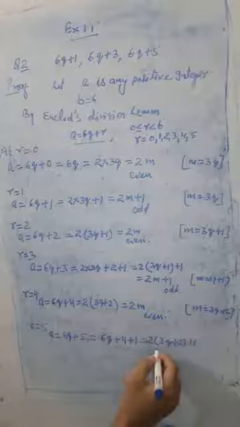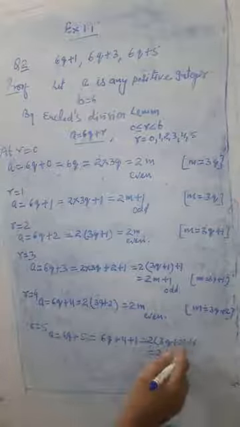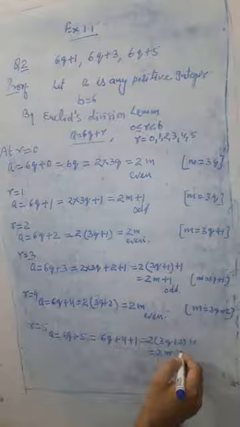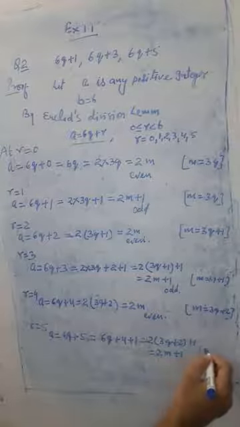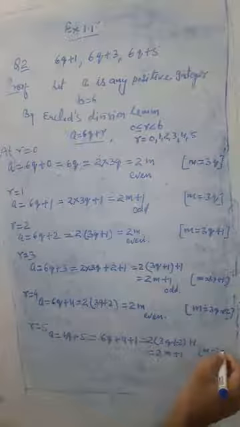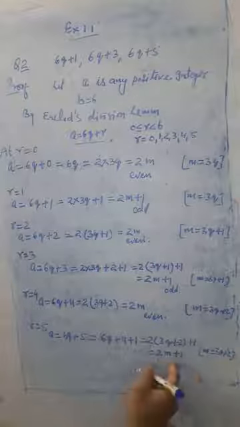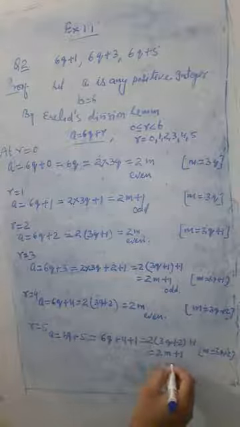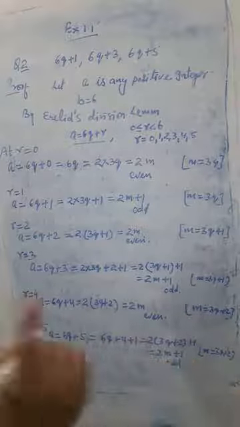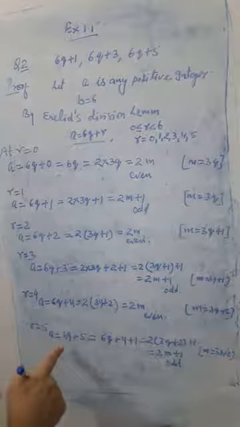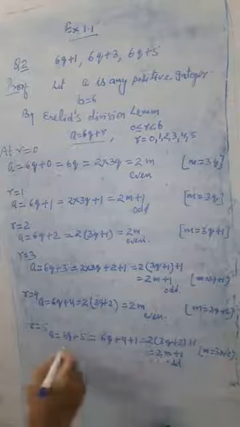Again we can write it as 2m plus 1, where m is equal to 3q plus 2. So this is 2m plus 1, which means the number is odd. So we can see that 6q plus 5 is an odd number.